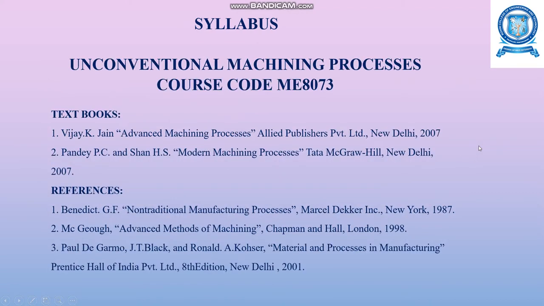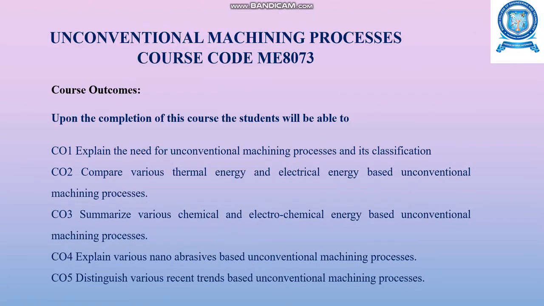These are the textbooks and the reference books for the unconventional machining process course. And the course outcomes: after completion of the course, the students will be able to explain the need for unconventional machining processes and its classification from unit 1, and from unit 2 compare various thermal energy and electrical energy based unconventional machining processes.